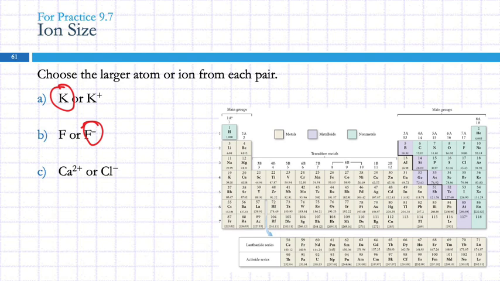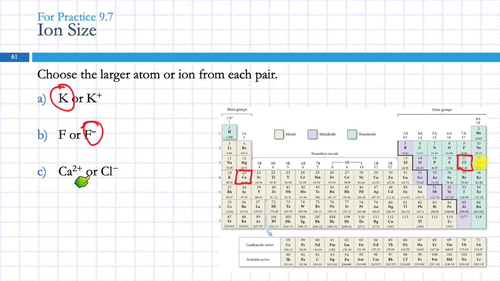Calcium or chloride: at first glance, they're different elements, so how can I compare those? But here's calcium, here's chloride. Calcium has 20 electrons. If it loses 2, it becomes the same as argon. Chloride has 17 electrons. If it gains 1, it becomes the same as argon.